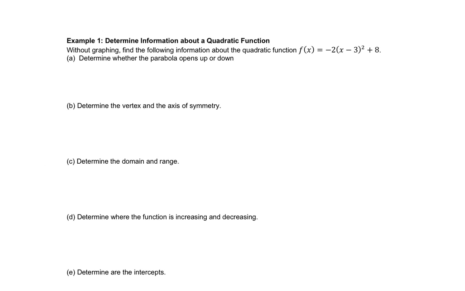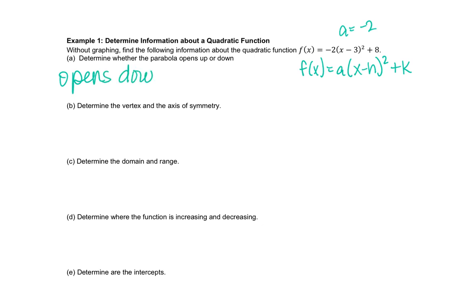So think about f of x equals a times x minus h squared plus k. So if I'm looking at this, the a value has to be greater or less than 0, right? So what is a in this picture? It's negative 2. So does that mean it's opening up or down? It's opening down. So we're going to put it opens down because a equals negative 2, and that is less than 0.